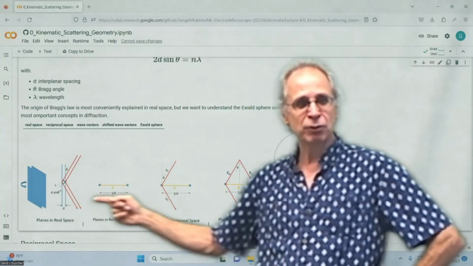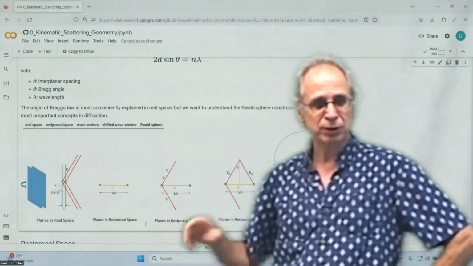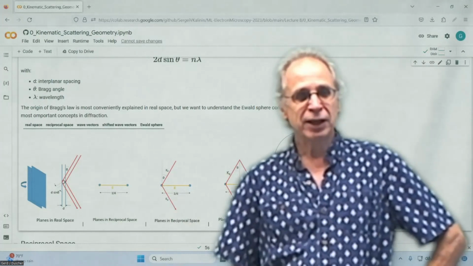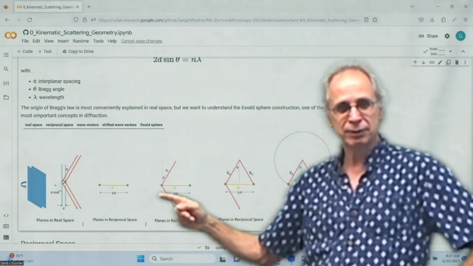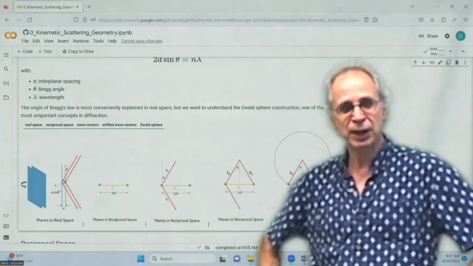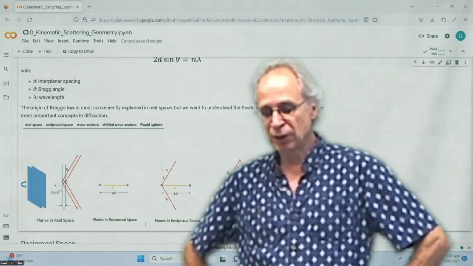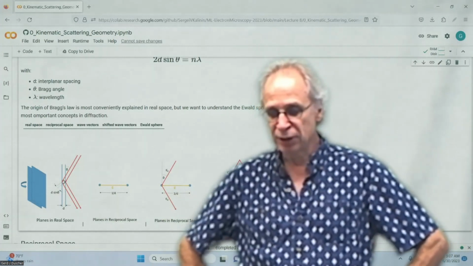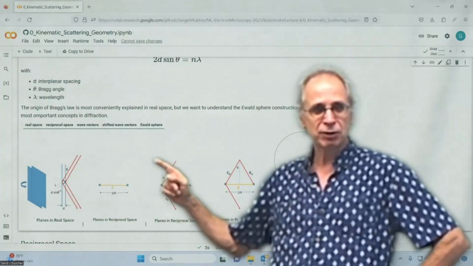And it is 1 over the real space, so it's reciprocal space. The incoming and diffracted beam is given in the same way, so same angle, right?